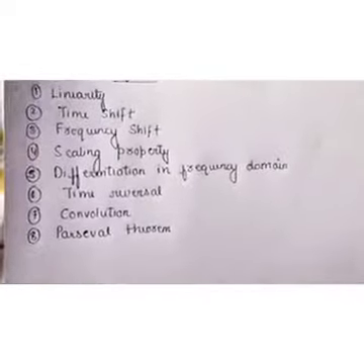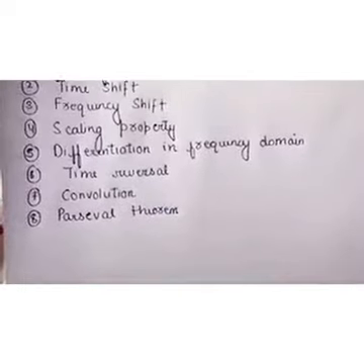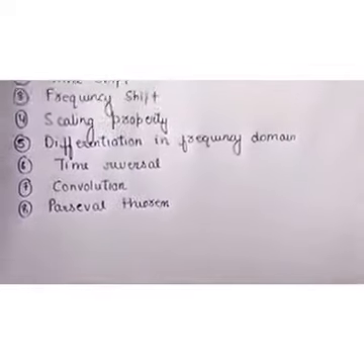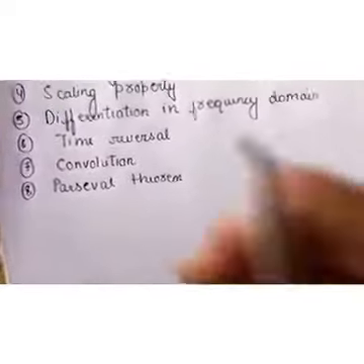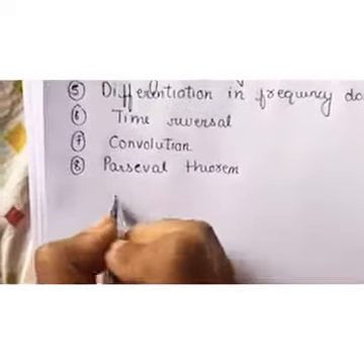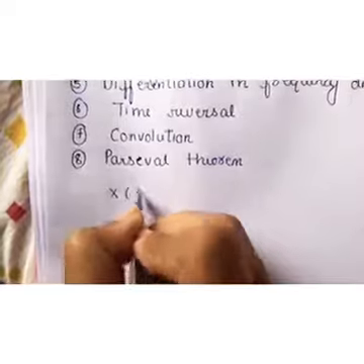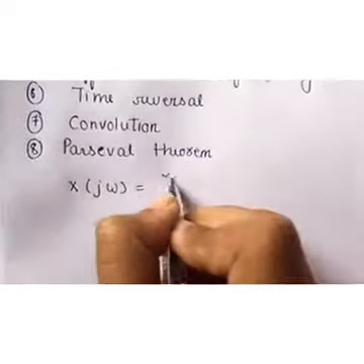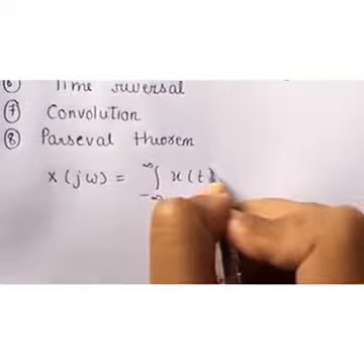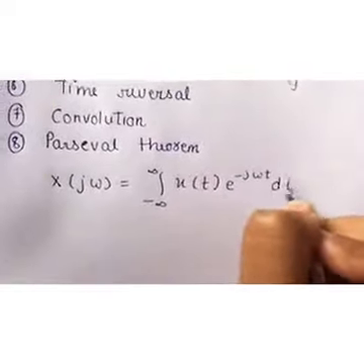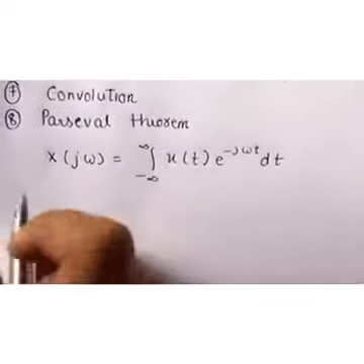So all the properties of DTFT and CTFT are almost similar. The only difference is in the analysis equation of CTFT and DTFT. In CTFT we have X of j omega is equal to integration from minus infinity to infinity x of t e to the power minus j omega t dt. That's the analysis equation.